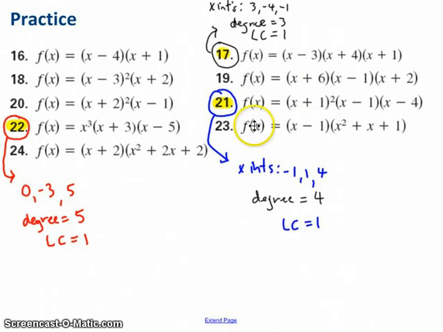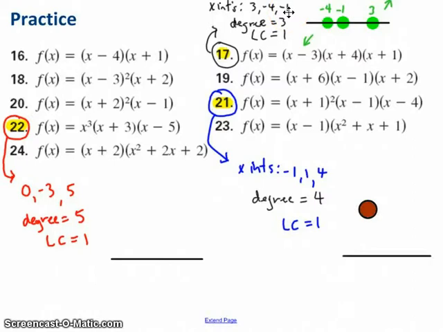All right, now that I know the lead coefficient and the degree, I can, as you know, talk about end behavior. So for example, for 17, the end behavior is starts low, ends high. I can also plot those x-intercepts: 3, negative 1, and negative 4. So go ahead, do the same thing for 21 and 22.